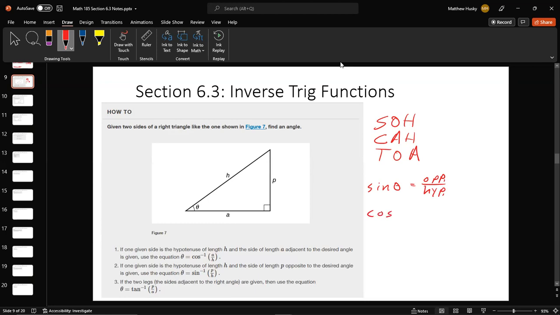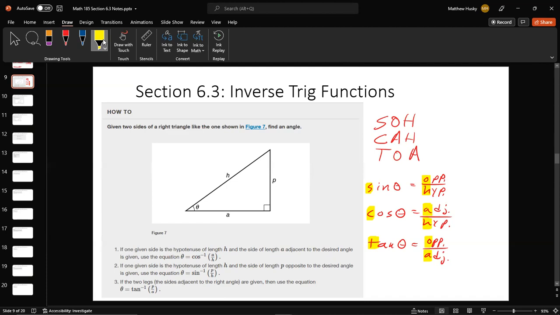The cosine of the angle is the adjacent over the hypotenuse. And the tangent of the angle is the opposite over the adjacent. That's what SOHCAHTOA is trying to help you remember. You've got sine, opposite hypotenuse, cosine, adjacent hypotenuse, tangent, opposite adjacent, so SOH, CAH, and TOA.